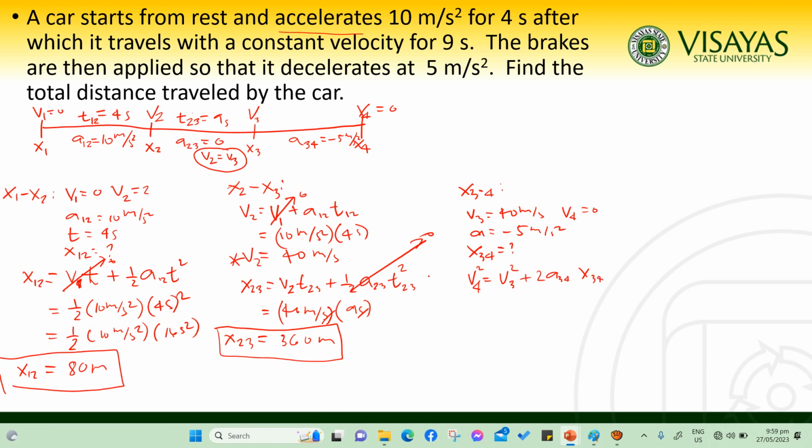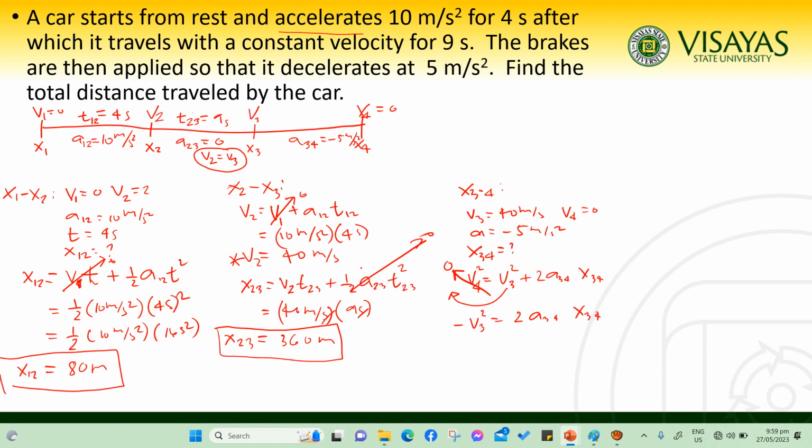Please take note of the notation. And we all know that the final velocity is equal to 0 because it will stop. So we can take the additive inverse, so that becomes negative v3 squared is equal to 2 a34, that is acceleration, times x34.